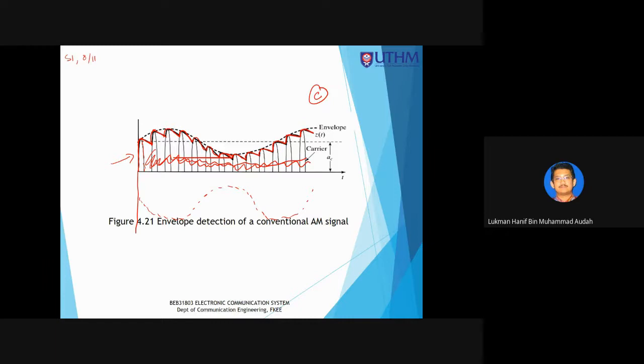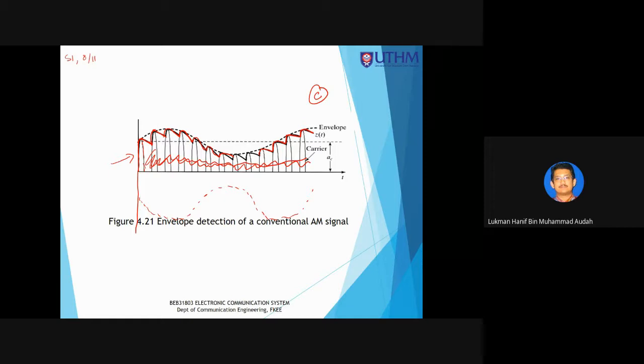Okay, sine wave yang bergigi-gigi. Okay, ini saya padam dia. Okay, it is a sine wave tergantung ke atas dan bentuknya adalah sawtooth, dia tidak smooth. Okay, this is at point C.